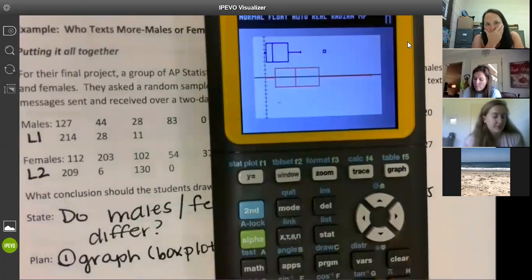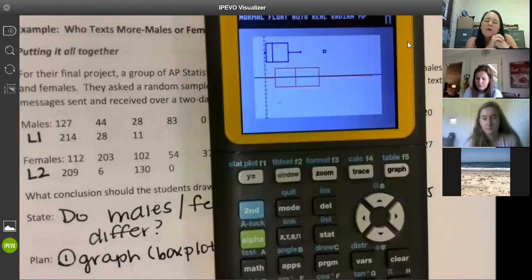Check them out. Just talking. What do you see? Females have a bigger area between like Q1 and minimum. Okay. What else y'all see? This is legit just talking. The males have an outlier. Yeah. Can we tell where that outlier is?